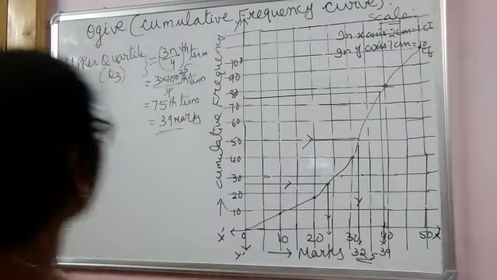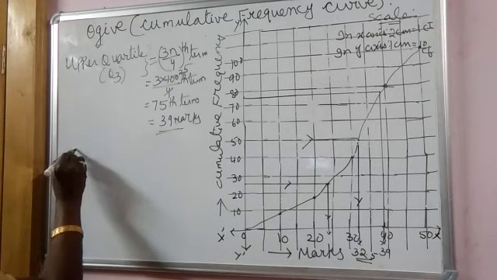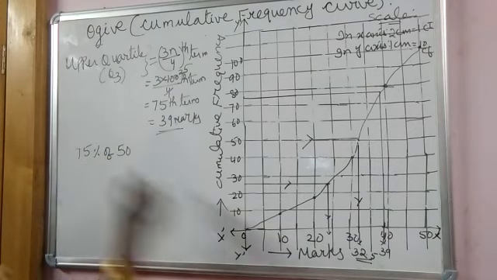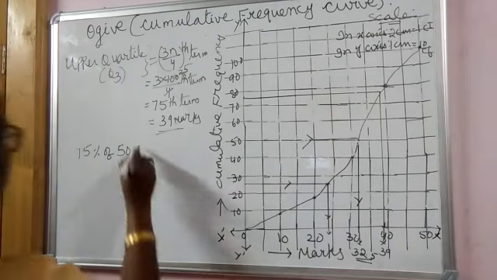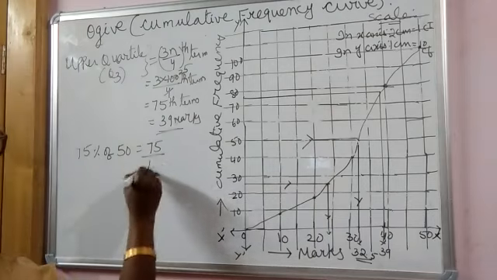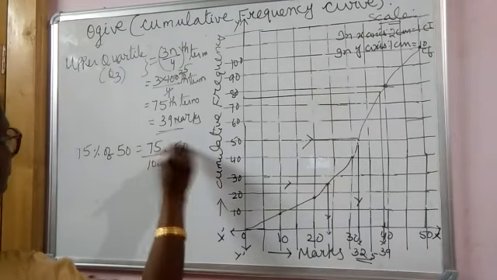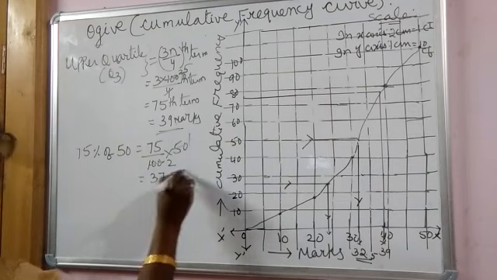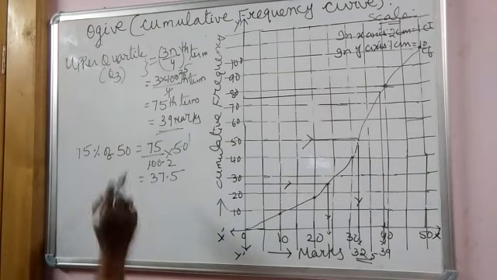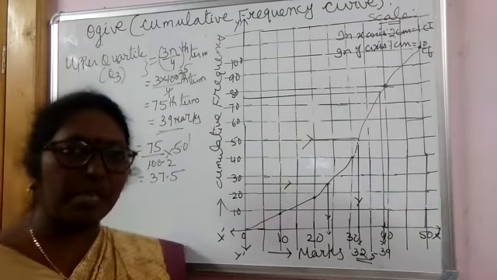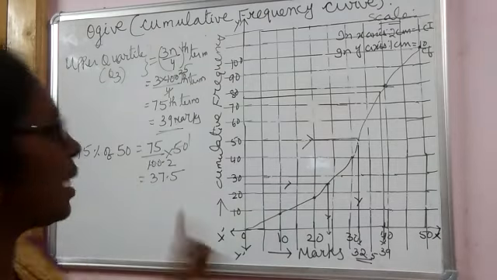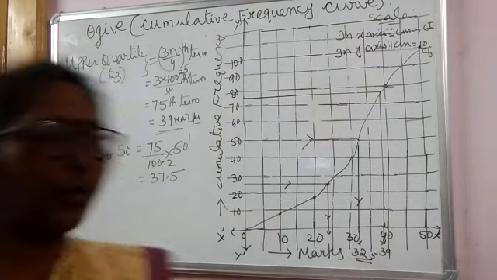Let us find 75% of 50. Total marks out of 50. So 75 by 100 into 50, which is 37.5. 75% of 50 is 37.5. How many students got more than 37.5? You have to find out.